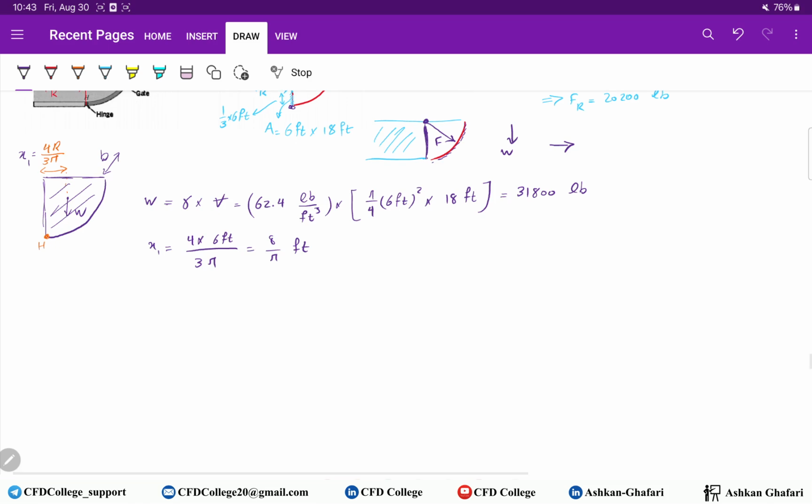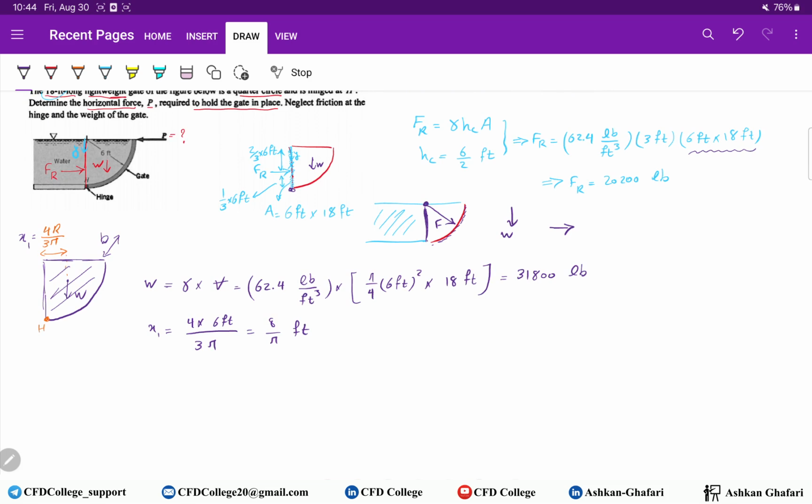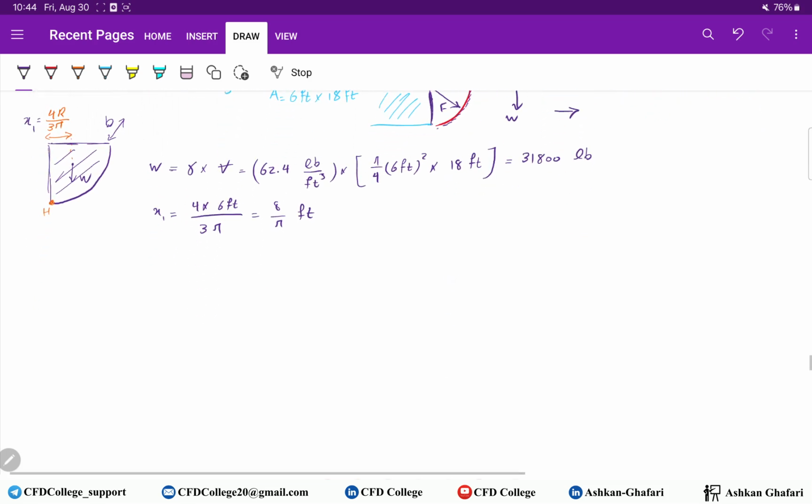Now we can find the force P by this equation. The summation of moments over the hinge should be 0 if we want to hold the gate in place.